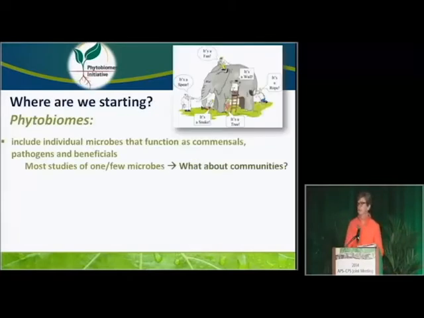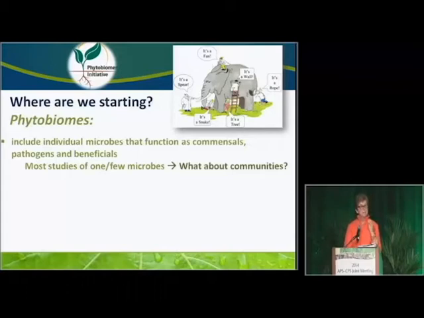So where are we starting? And I like to think about this as the old story of the blind man and the elephant, where historically we've looked at individual compartments, like the rhizosphere, or we've looked at the leaves of the plants, and we've interpreted the plant and the process, or the phytobiome as we now are calling it, as either what organisms are associated with the surface of the leaf or those that cause disease.